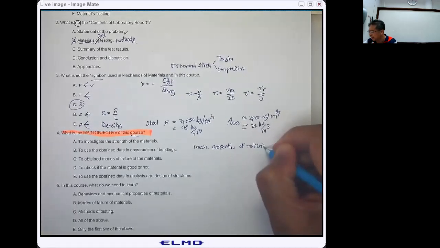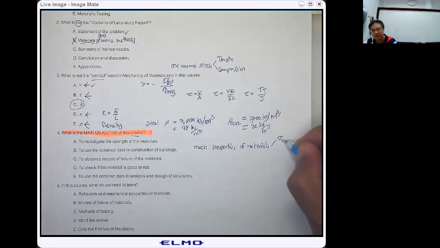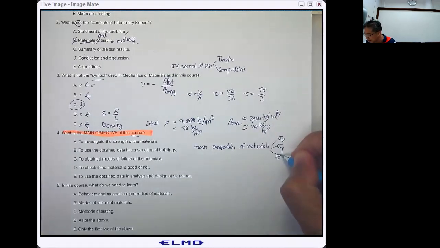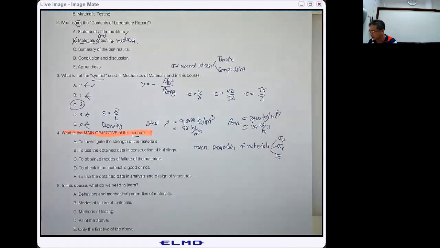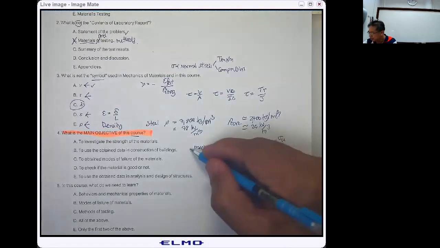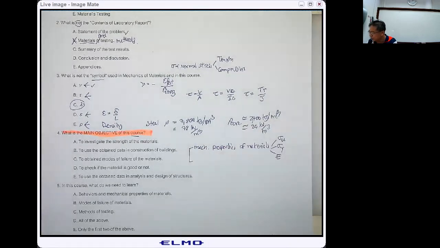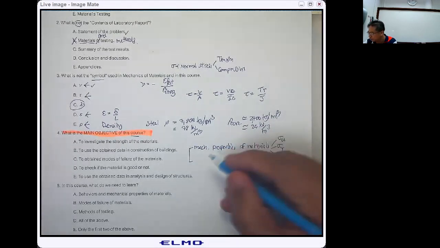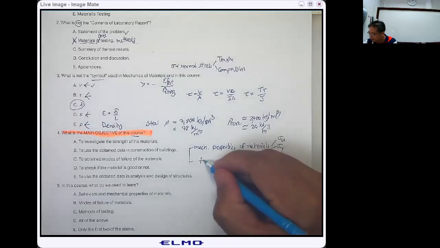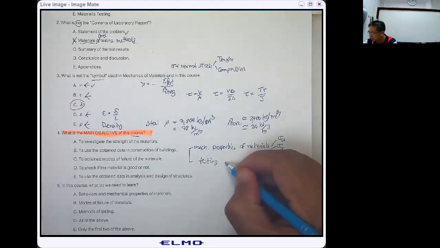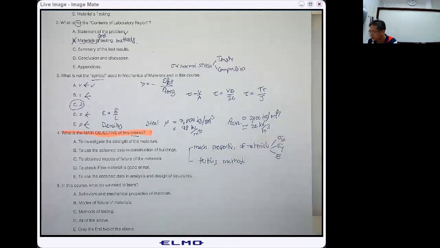We talk about various ones, such as sigma sub u, sigma sub y, and the modulus of elasticity. And then what do you use them for? We are going to use these in the analysis and design of structures. And the second thing, not only knowing the mechanical properties of the material, you must also know the testing method. Okay, the testing method for the material.